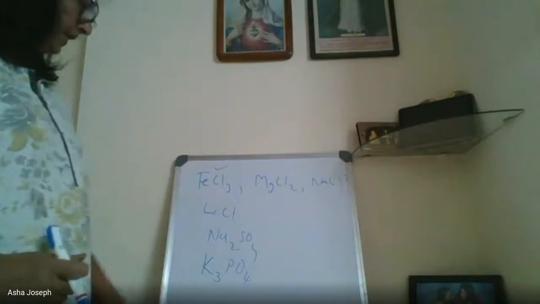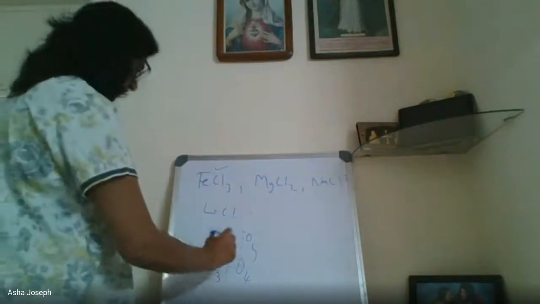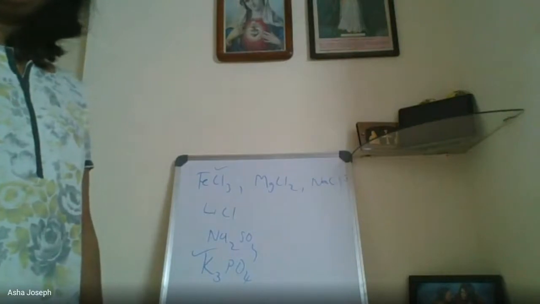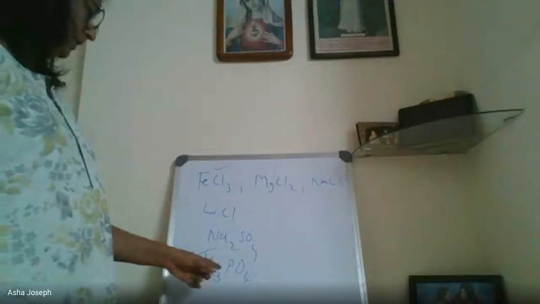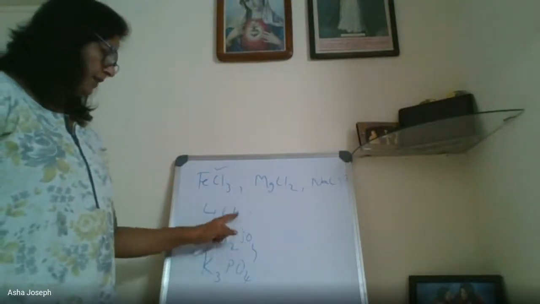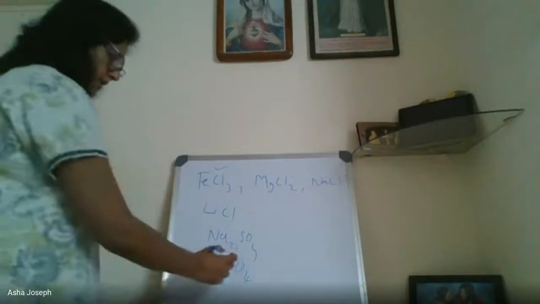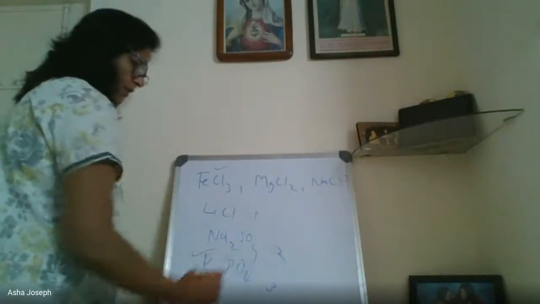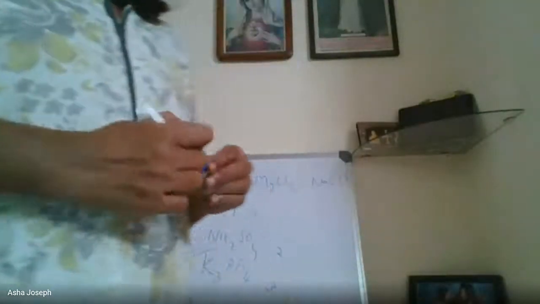So which one has more coagulating power? This one, isn't it? Ma'am, how is that so? Because here the cations have the same valency. Anions are only different. So this is PO4, its valency is 3. Here valency 2. That is 1. So this is the most. This way the question comes from that point.